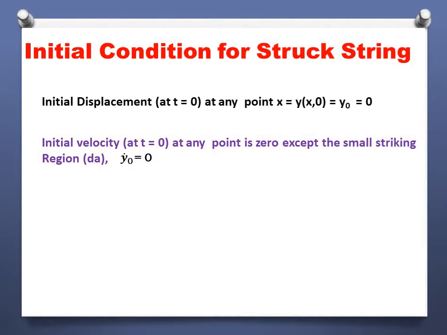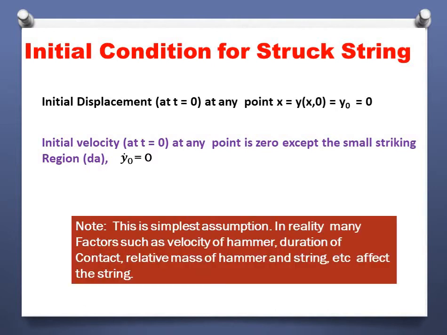Now there are many factors which can affect the string, like the weight ratio of hammer to string, the duration of contact, the velocity of hammer, and many more things. But we are neglecting all these things. We are just working on the simplest assumption, and this assumption is good enough to give us a reasonable answer. So we will start with this initial condition.